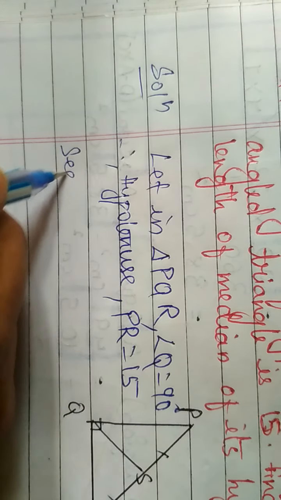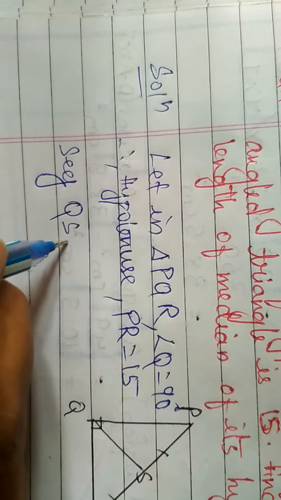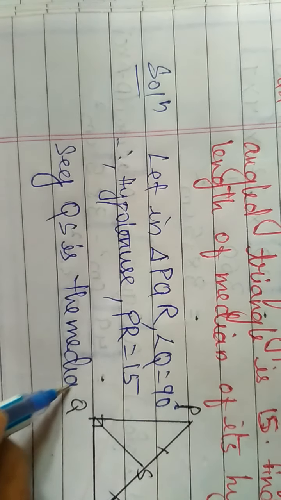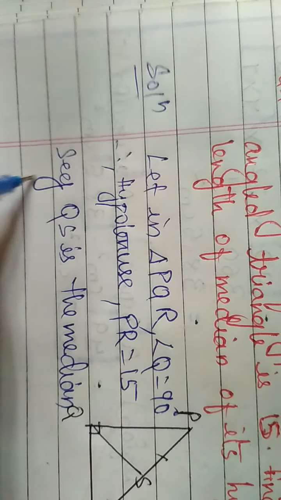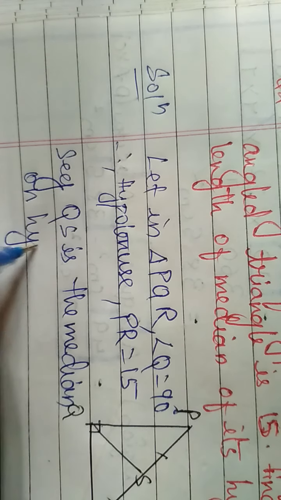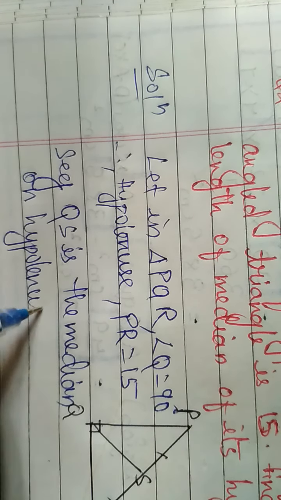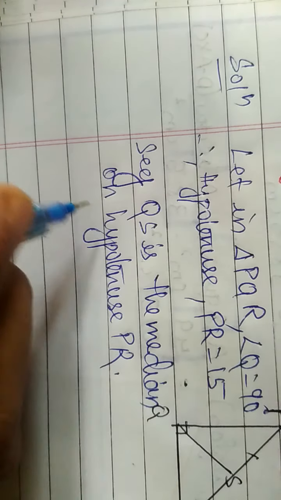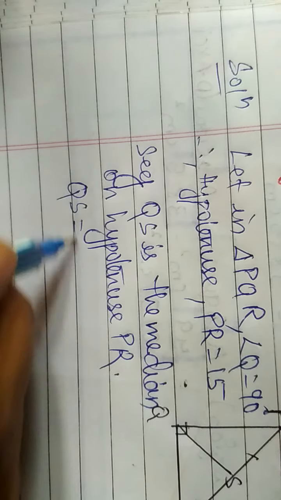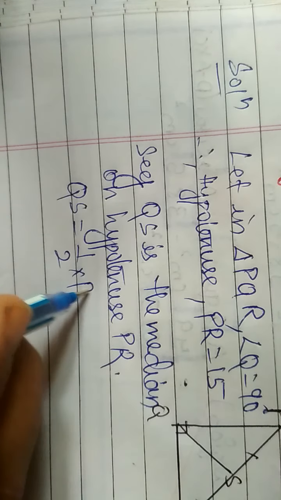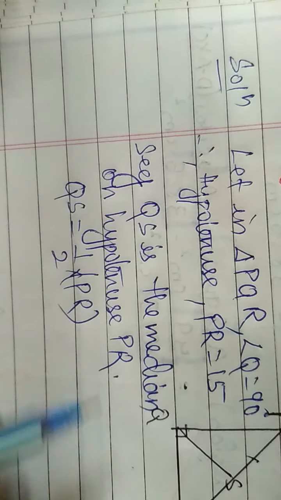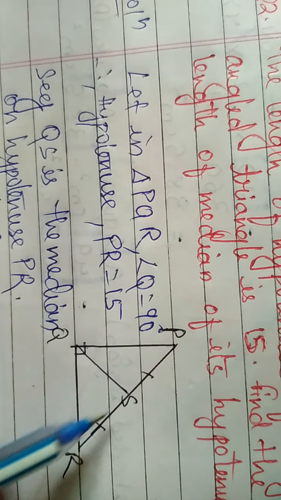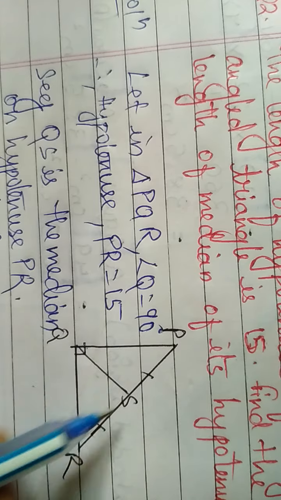Segment QS is the median on hypotenuse PR. That means QS will be equal to half of PR. Why? Because the midpoint means the median will bisect the side into two equal parts.